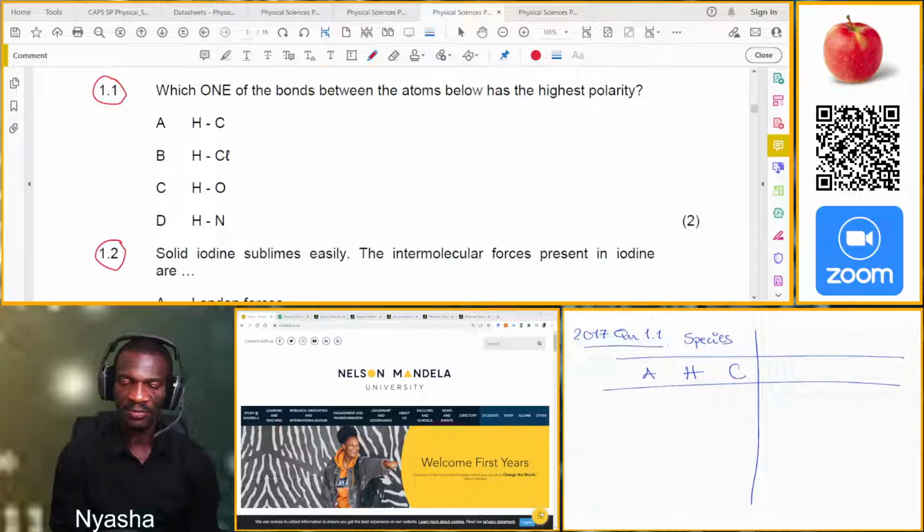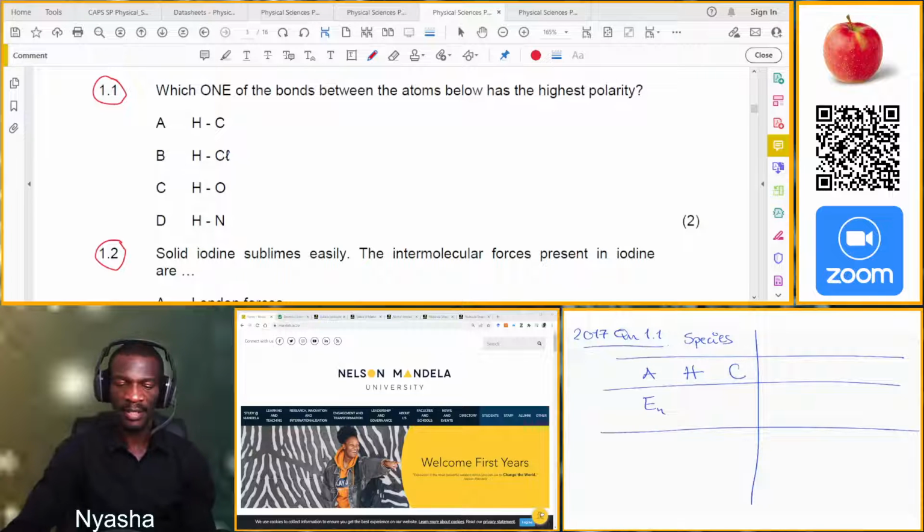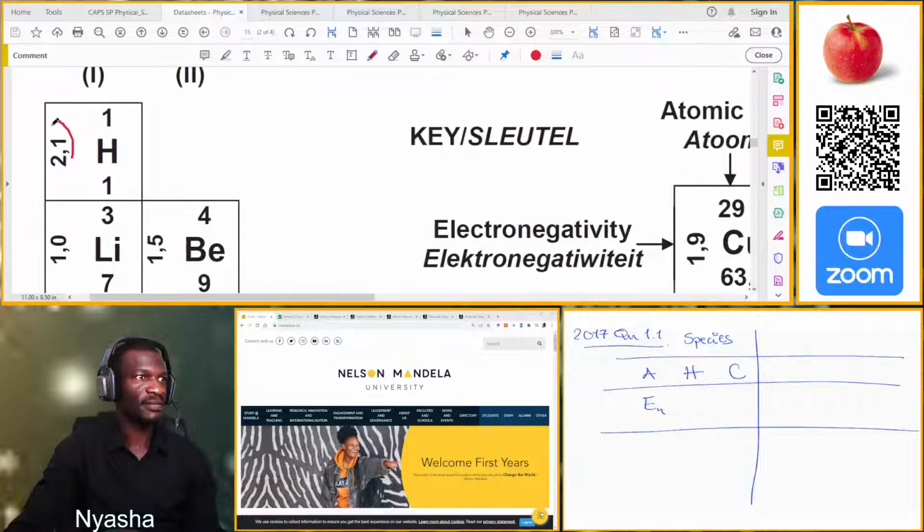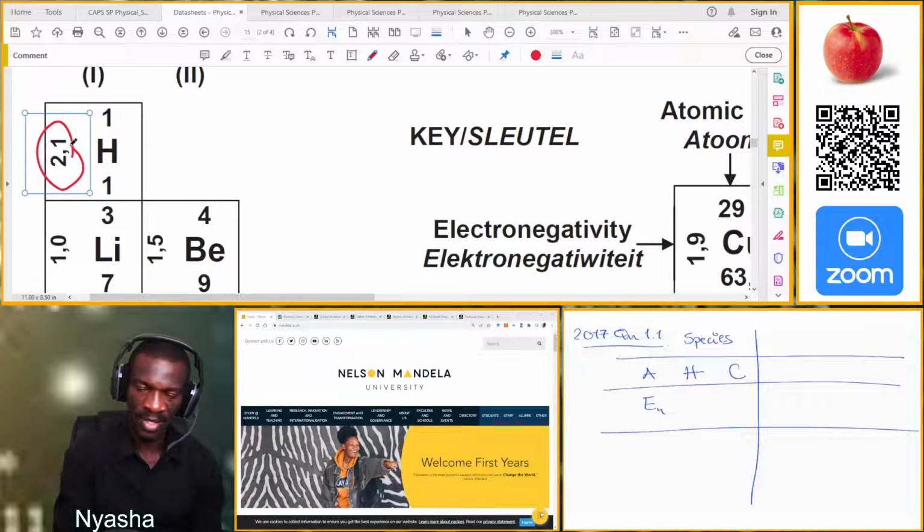So we want to find the electronegativity of the species. Let's call it En. For hydrogen, we come to our data sheet. Hydrogen electronegativity, the value is here. So that's 2.1.